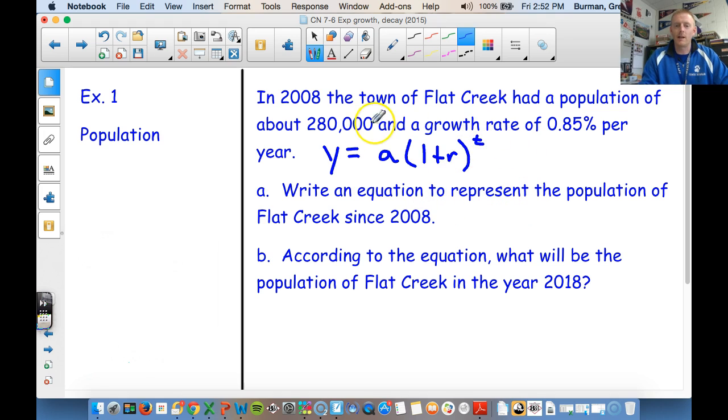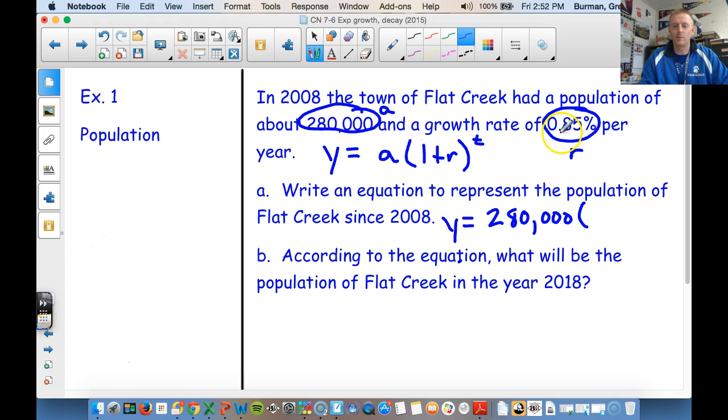So we're going to plug in A is 280,000. Our percent we're going to change to a decimal. That will be the r. And then t is the number of years since 2008. So our equation will say y is equal to 280,000 times (1 plus this rate). So the decimal point moves over 2 times to the left.